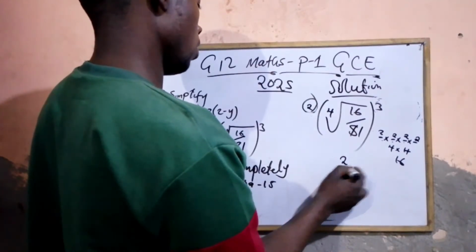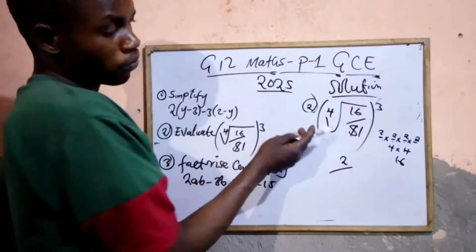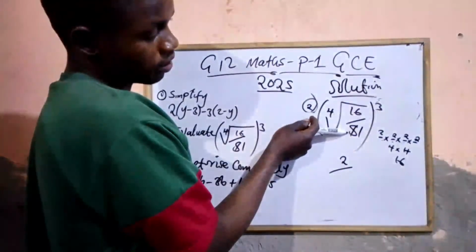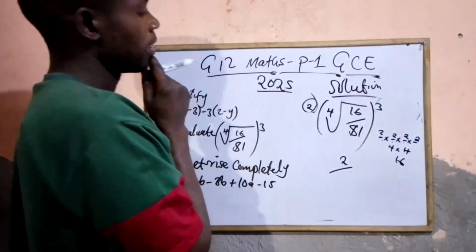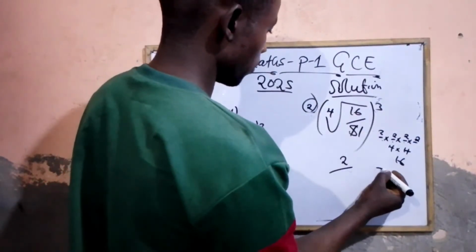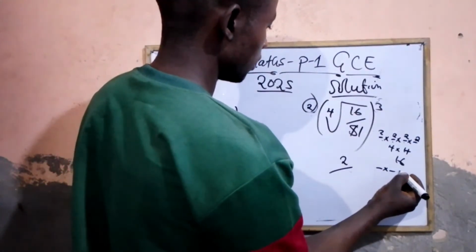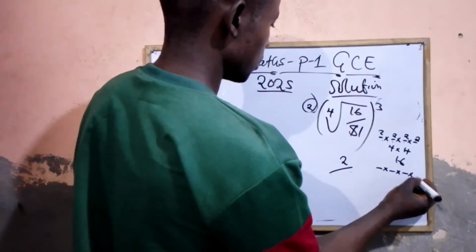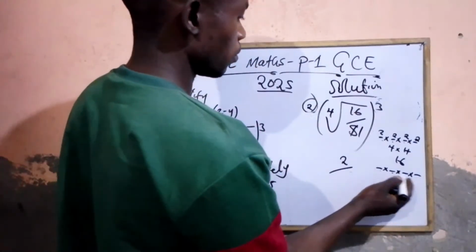So we are going to look for the same thing for the fourth root of 81. We have dash times dash times dash times dash, 1, 2, 3, 4.